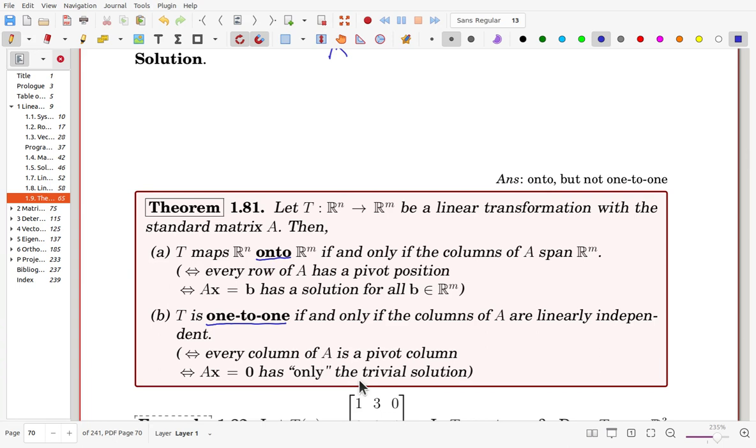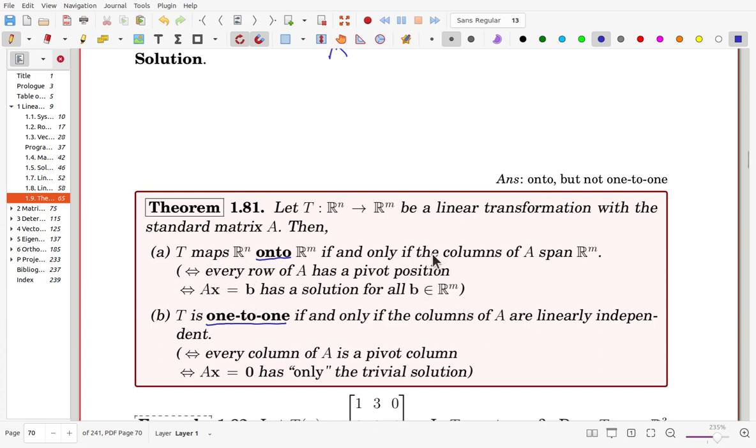So once you try to prove that a given linear transformation is one-to-one or onto, you may use one of these equivalent statements. When you try to prove, for example, onto, you can reach at this statement or this one or that one.